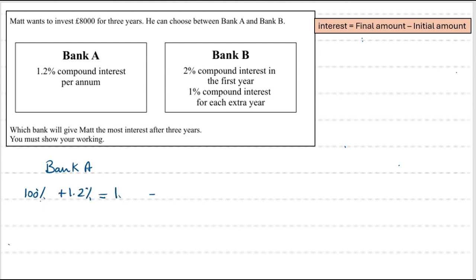That gives us 101.2%, which in decimal is going to be 1.012. Then we write our initial amount, 8,000, and then times it by the multiplier 1.012 raised to the power of number of years, which is 3 years. And that gives us £8,291.47.